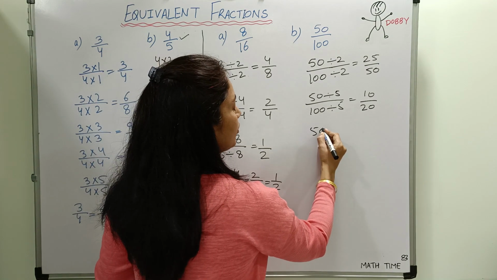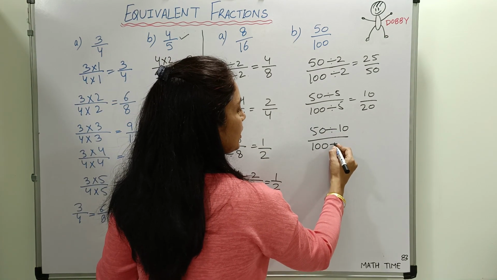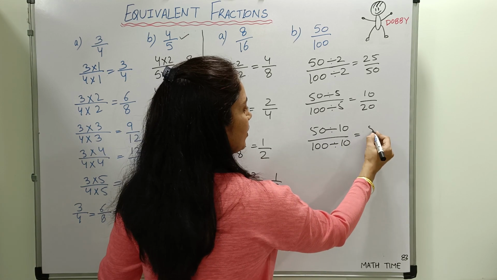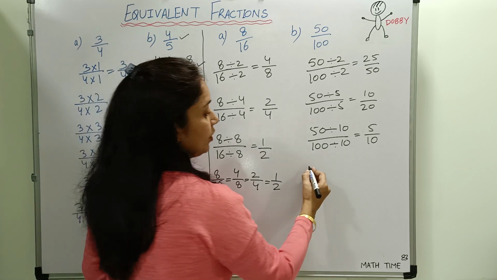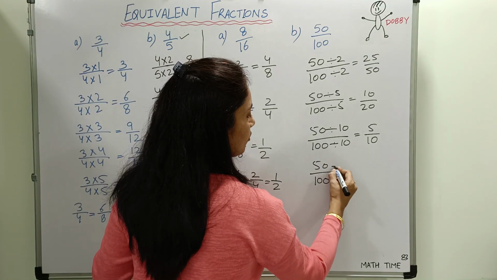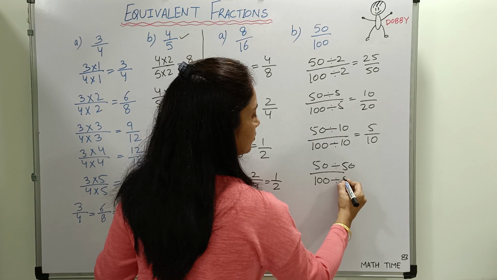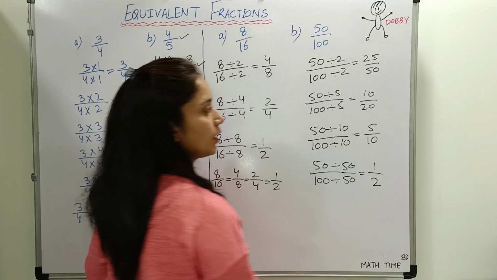One can do 50 divided by 10 because both the numbers are divisible by 10. So 10 5s are 50, 10 10s are 100. Okay, now we can choose further a common table of 50. So it becomes 50 1s are 50, 50 2s are 100.